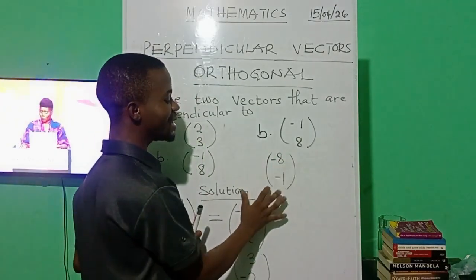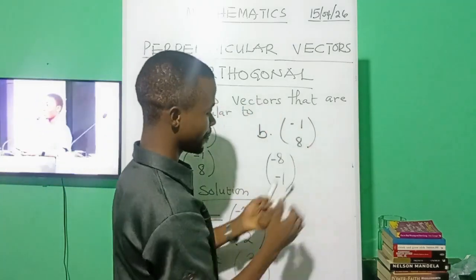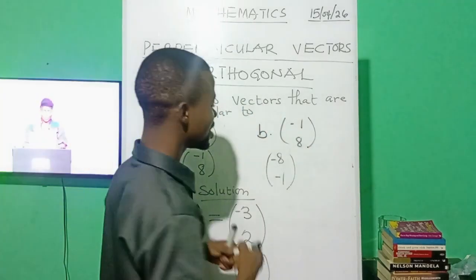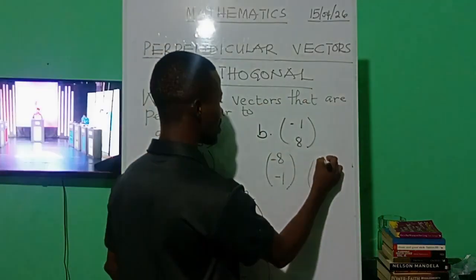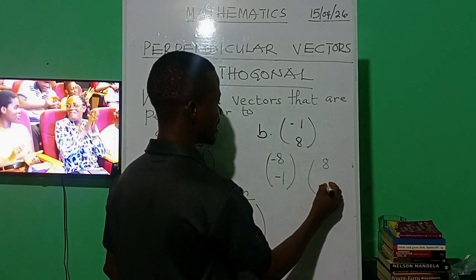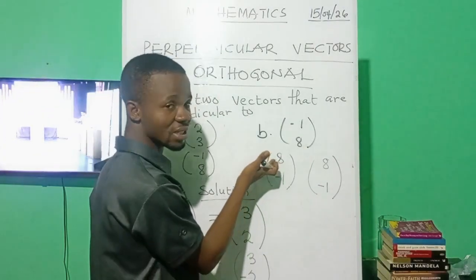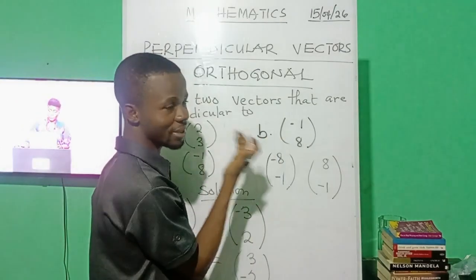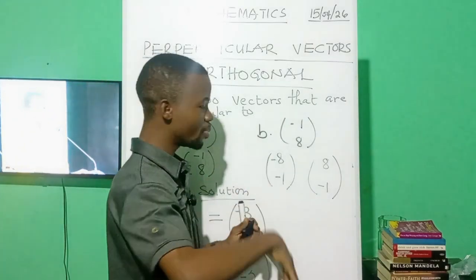So negative 8, negative 1 is perpendicular to this given vector. The other vector that is perpendicular to this given vector will be, so I have 8 and -1. Because I added the negative to the x component in the first one, in the second one I'll add the negative to the y component.